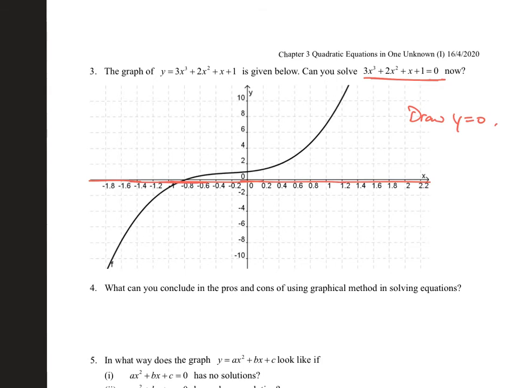Then you just say x is minus 0.8. That's all. So the graphical method is that simple, because once the graph is provided to you, you can find the points of intersection and get the answer. But if you want to solve it by yourselves, then you need to go to the chapter called polynomials in order to learn the way to solve it.